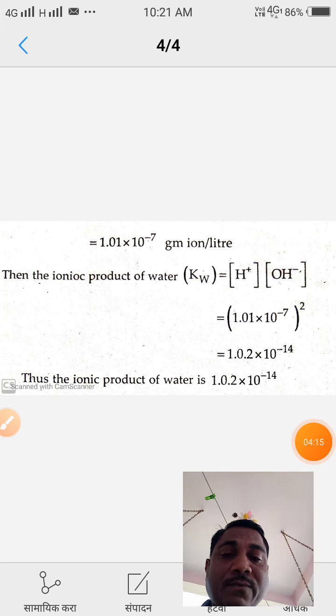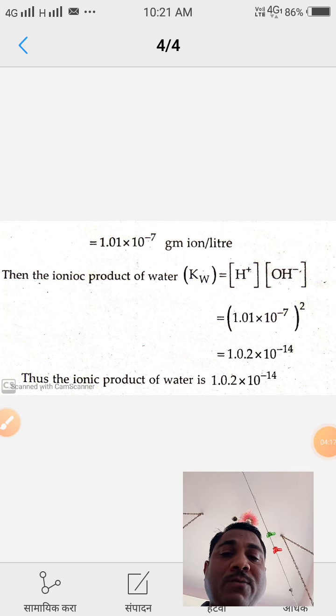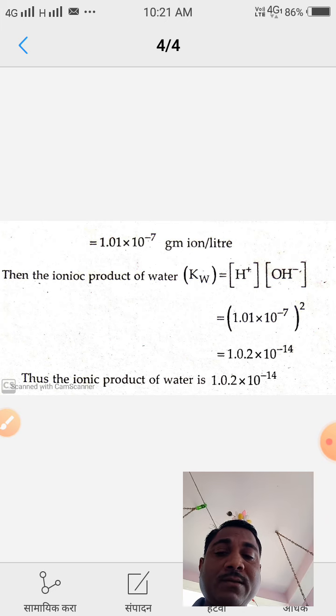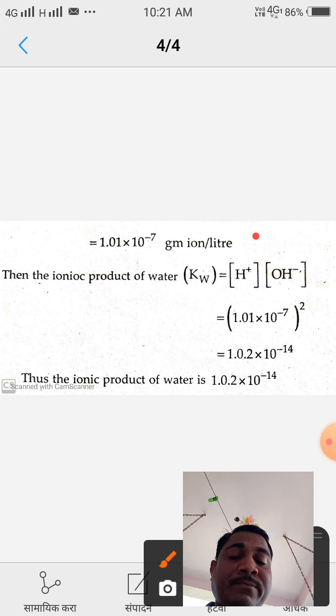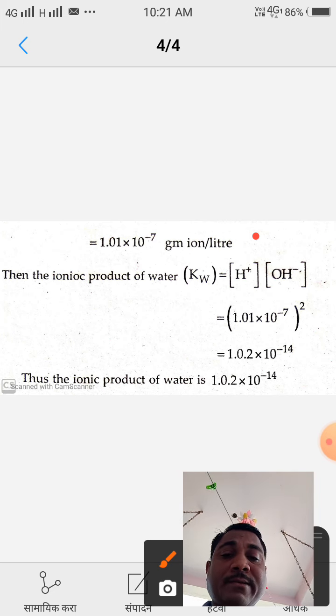This value becomes 1.01 into 10 raised to power minus 7 gram ion per liter.